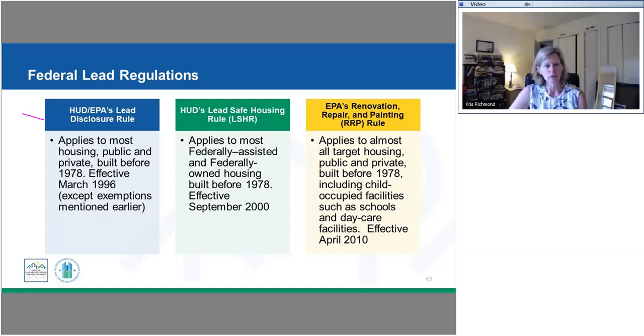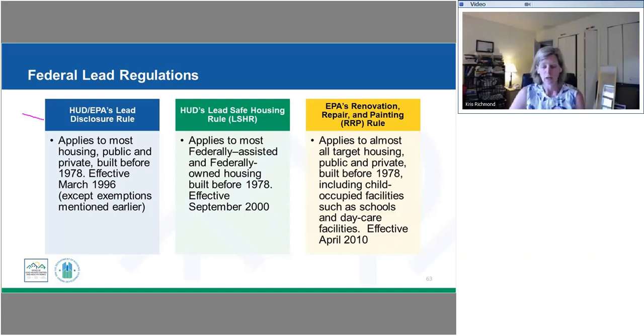A disclosure would be once we find out we're working in a unit and we discover that there's lead in that unit, then the next time there's a purchaser, they need to disclose to that purchaser that they now know there's lead in the unit and provide any documents to them. Or if it's a rental situation, the owner now needs to disclose to their tenants that they were aware of lead in the unit, what happened, how it was treated, and that now needs to be part of that disclosure that's provided.